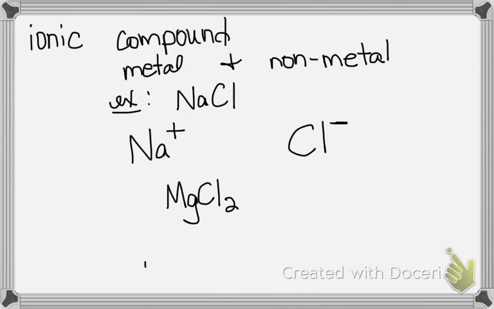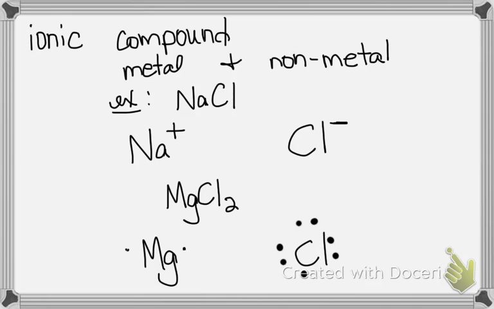But if you look at magnesium's Lewis dot symbol being this, and chlorine's being that, magnesium has 2 electrons to lose, but that chlorine can only accommodate one of those. So I have to have another chlorine to accommodate the other one. Now you can see even more why it's MgCl2. It's swap and drop, but that's why it is what it is.